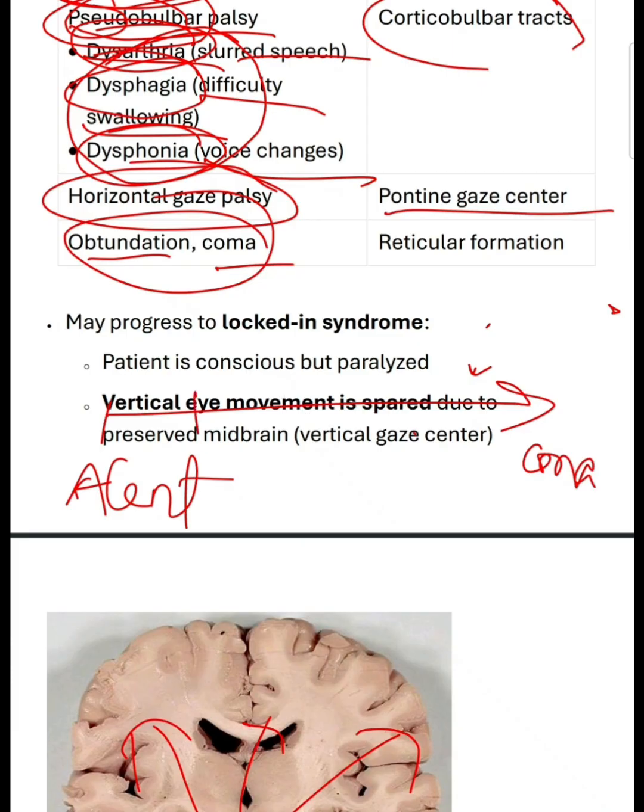And there are some other intermediate levels of consciousness. So here, let's say the patient is drowsy, but you can awake them easily. But here is, let's say, obtundation. It means the patient is drowsy, lethargic, or whatever, but with repeated stimulation you can awake them. But if you don't keep stimulating them, they will again become drowsy. And here is stupor.